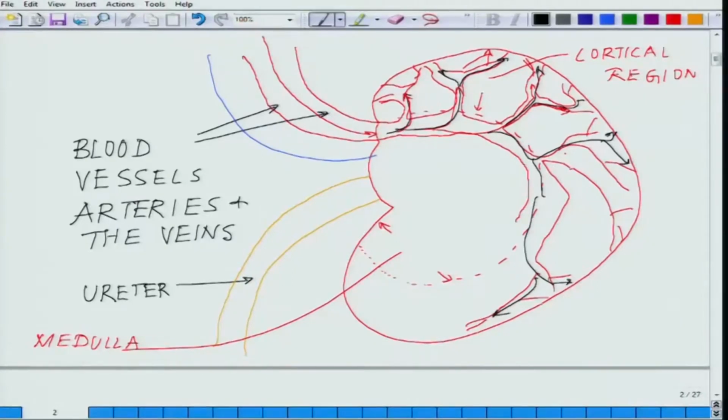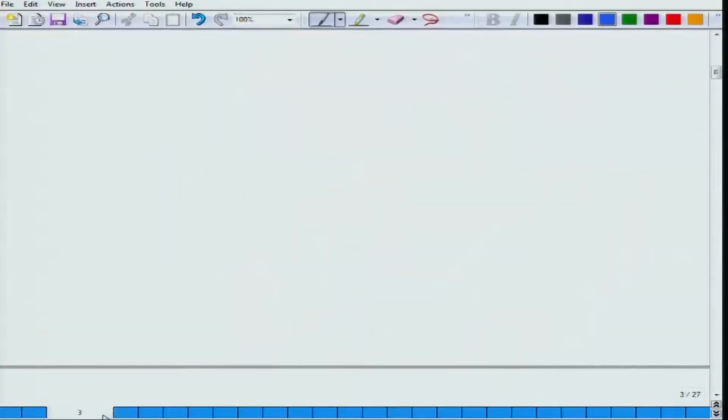Okay. So, at this cortical region what you essentially have is something like this. If I had to blow up this image, this part, on the next slide I am going to blow up this image of the cortical region. So, this is at the cortical region, how this is all getting spread.